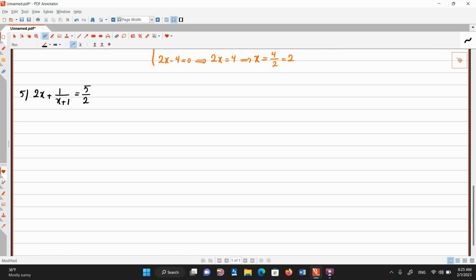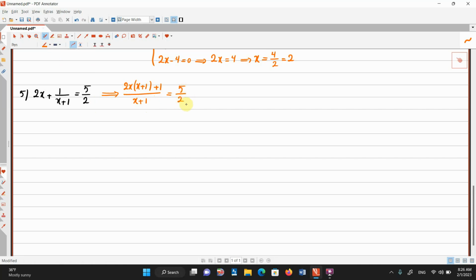At first, we should turn this one to a quadratic equation, which is in a standard form. To do that, first I'm going to take common denominator in the left side. Taking common denominator in the left side will result in this fraction, x plus 1 as the denominator, and on the numerator, 2x times x plus 1 plus 1, equals 5 over 2.